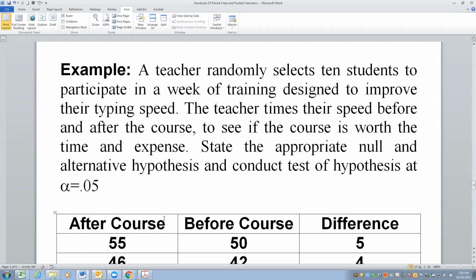We want to know then if the typing speed before or after the course is sufficient to warrant the time and expense of the course. Well, to make it worth the time, we would need to see an increase in the typing speed.